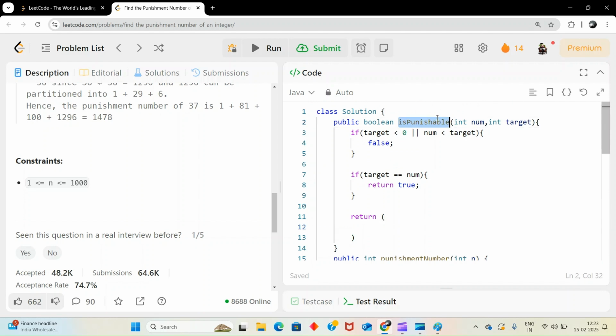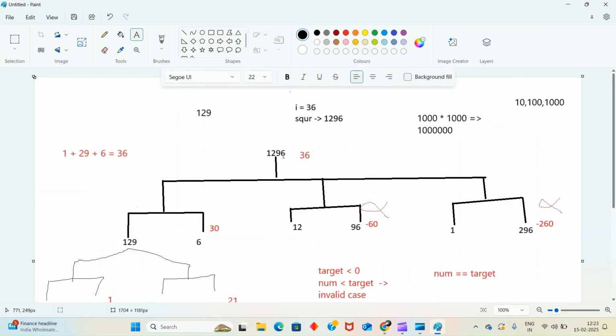Same, we will use recursion, and here our num divided by 10 and target minus num percent 10. If I do this divided by 10, I'll get 129, and if I do percent 10, I'll get 6. So I got these two, and again I send this in the next iteration. Now if I do percent 100, I'll get 96, divided by 100, I'll get 12.